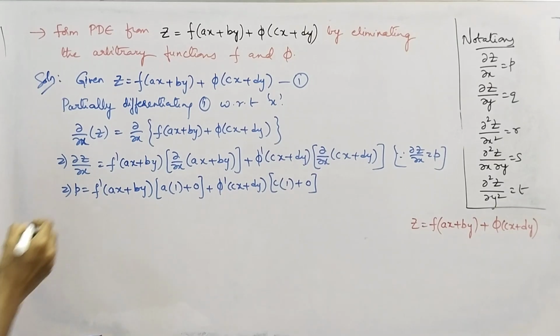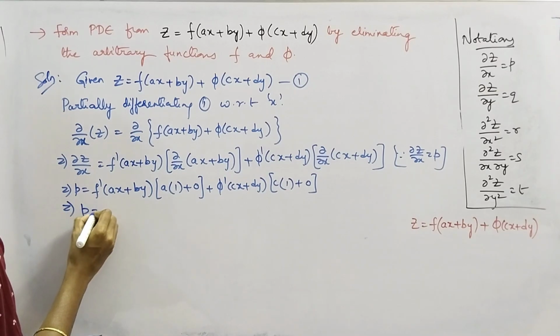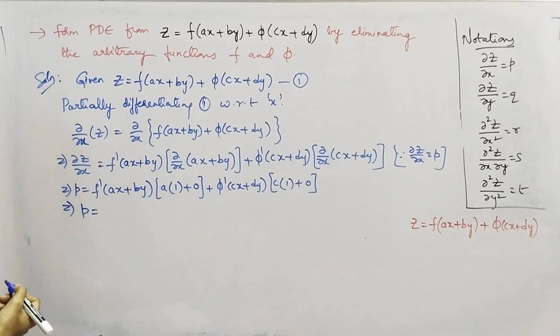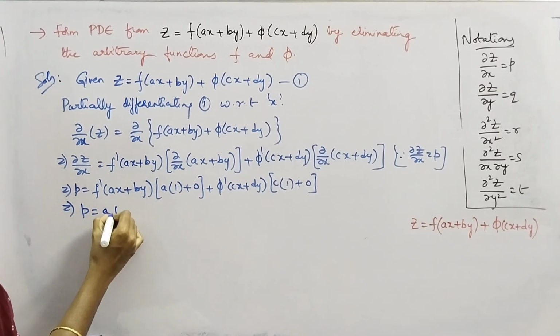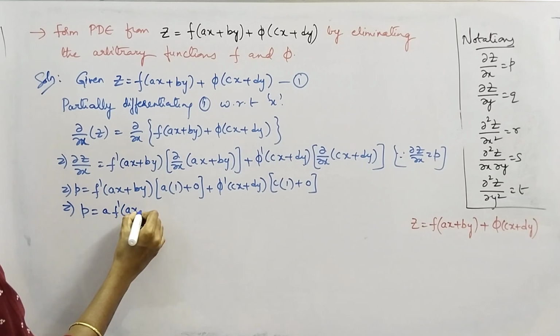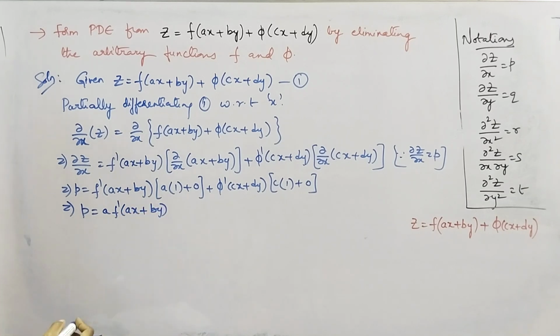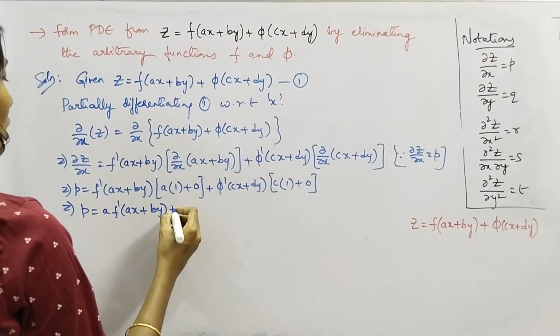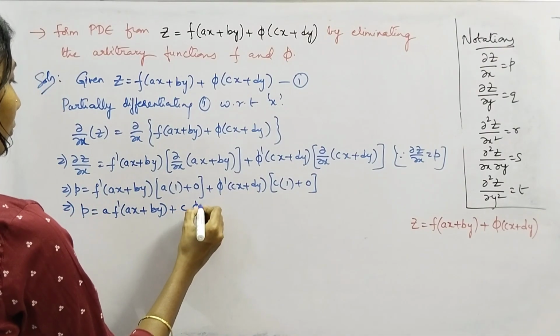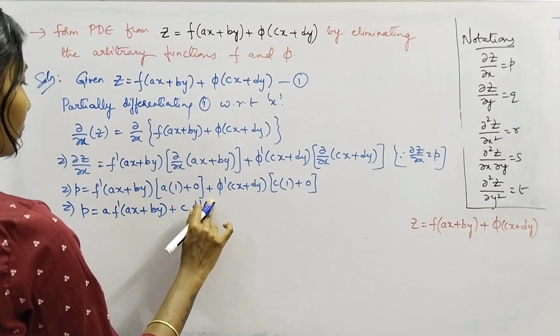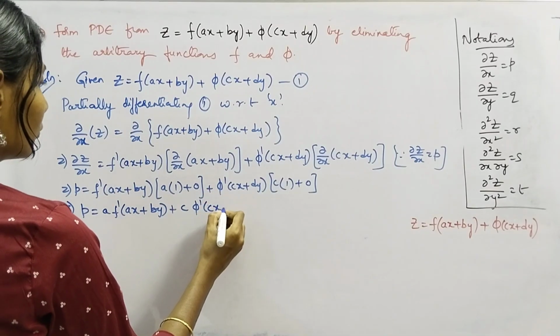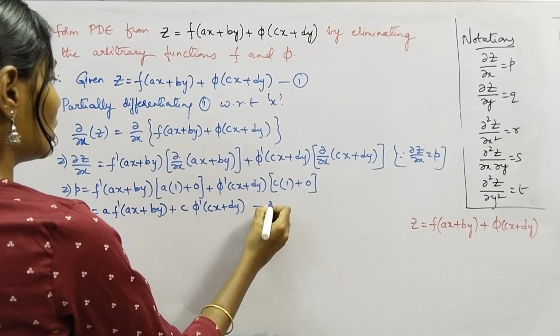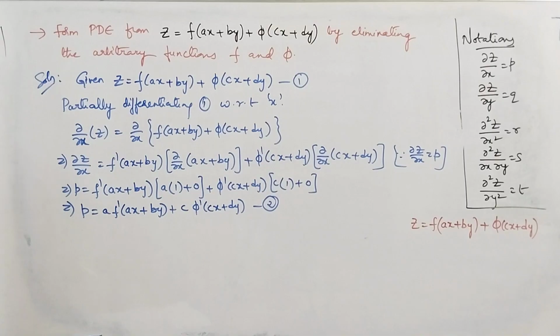Fine. Now this gives us p equal to a into 1 a plus 0 a f dash, that is af dash of ax plus by plus c into 1 c plus 0 c into phi dash. Consider as equation number 2.